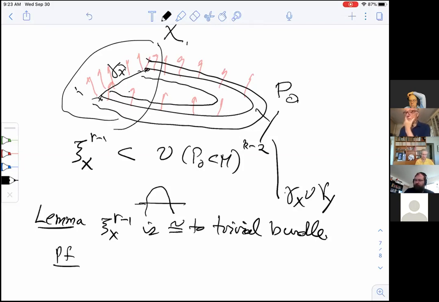Since x is oriented, gamma x is oriented, the normal bundle along gamma x is oriented, and likewise the normal bundle to P naught along gamma y is oriented. The only question is whether or not the orientations, if you choose them so they match here, match or are opposite over here.